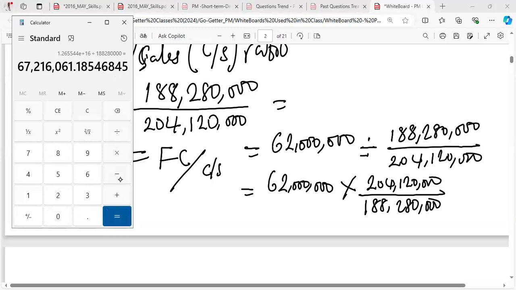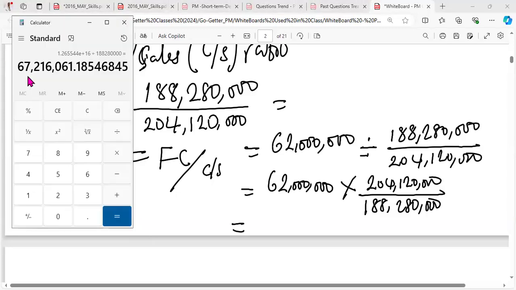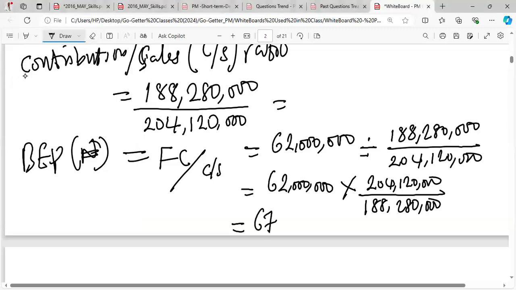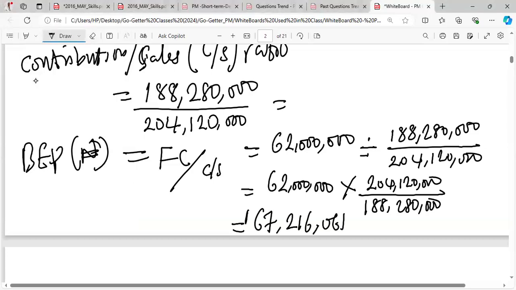So it's going to be, I'll look at it again, 67,216,061. Sorry, 67,216,061. Of course, this is in naira, so this is your break even point in naira.